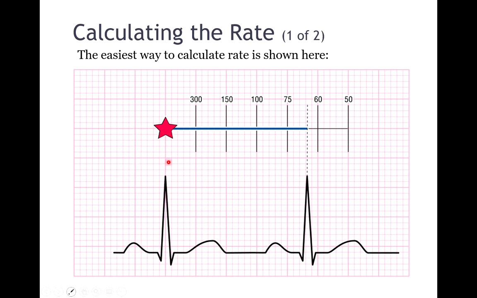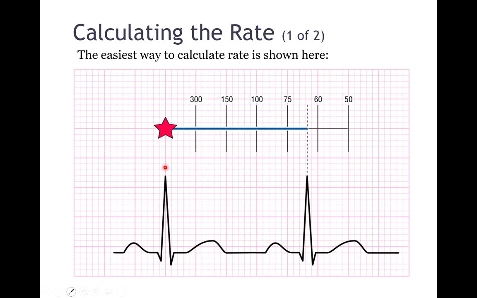So here's a QRS complex sitting on one of these dark lines. And if we count over dark lines until we find our next QRS complex, we can determine at what point the next QRS complex occurred, and therefore calculate the rate.